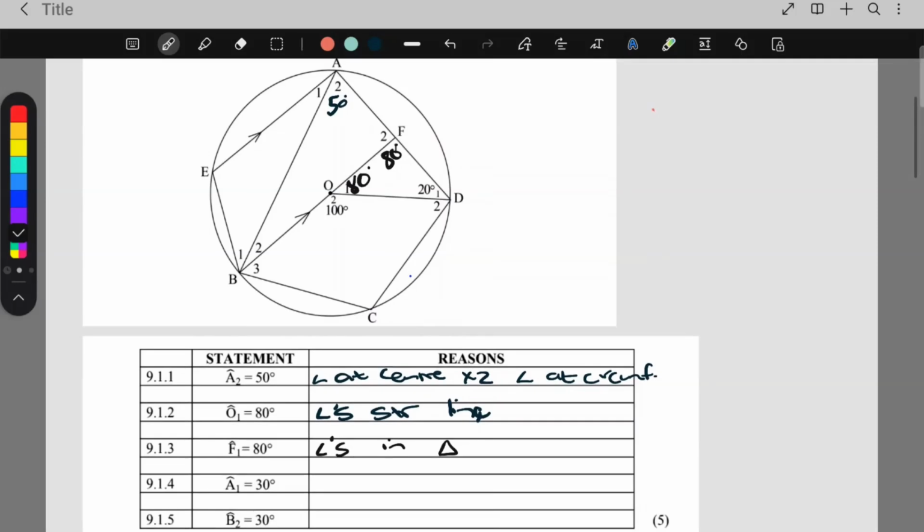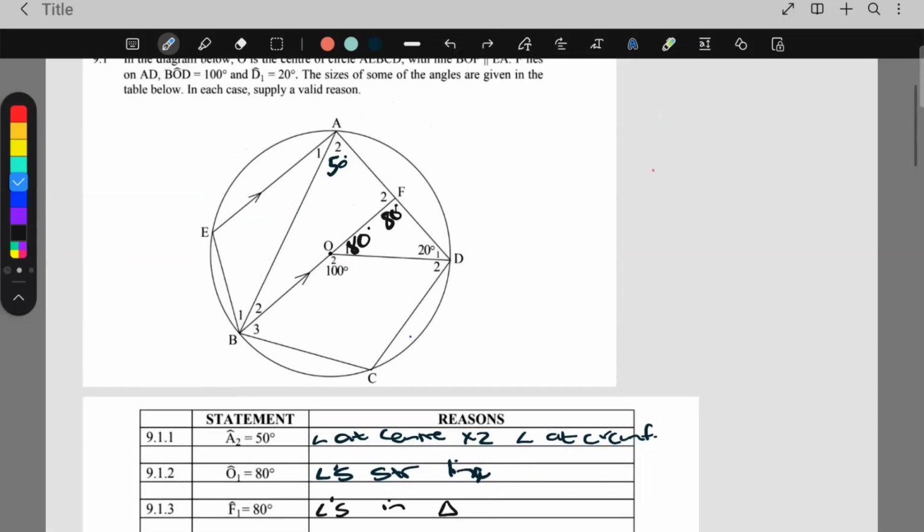Next question is, why is angle A1 30? Let's put the 30 in and figure out why. A1 is over here, just underneath a parallel line. This line is parallel to this line. If I draw a transversal like this, then this angle is equal to that angle, corresponding angles.